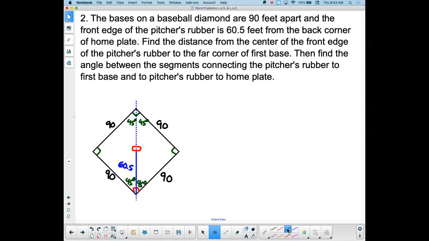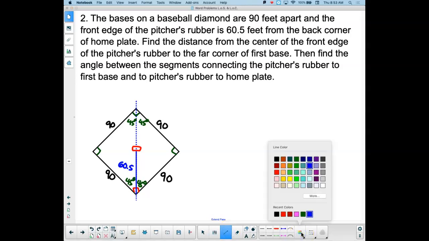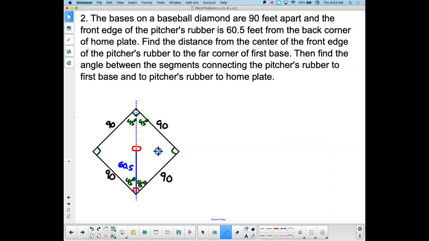Because now what we want to find is this distance right there. So let me break out that triangle. We said that this was 90.